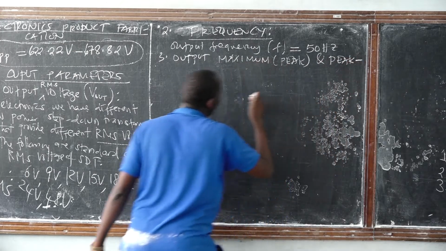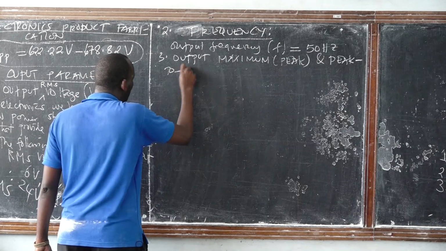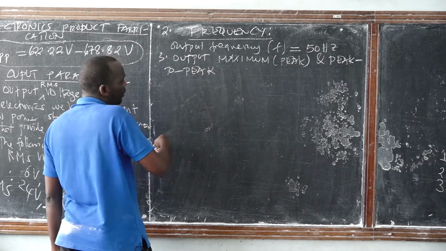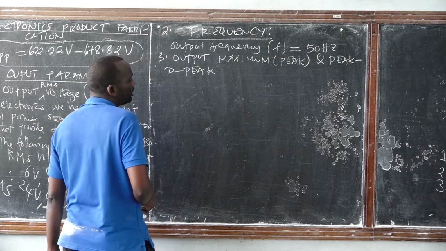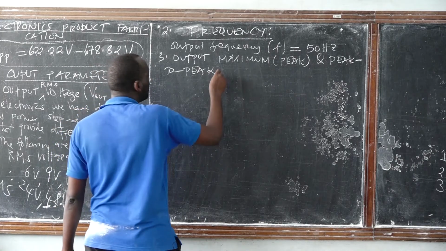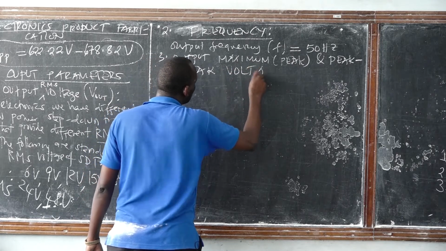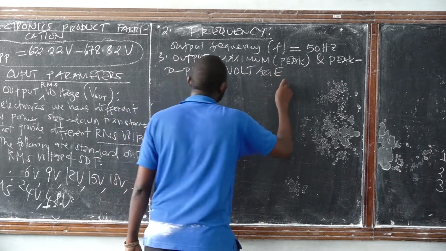Because I want to strengthen you about the concept of peak to peak, because it will give you a lot of struggle. Output maximum voltage, and peak to peak voltage.